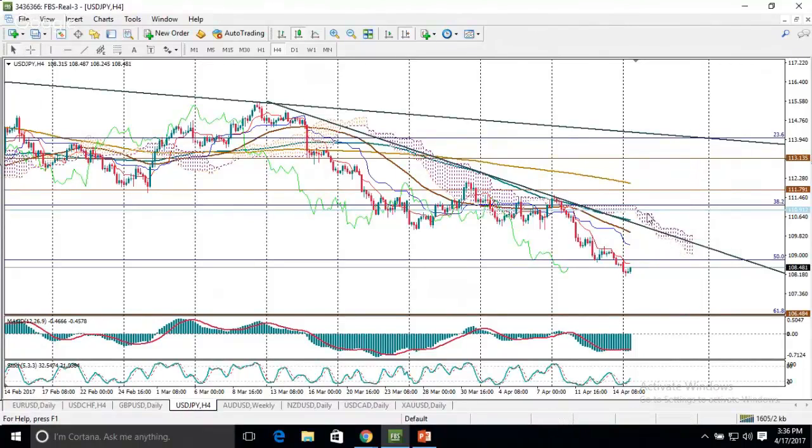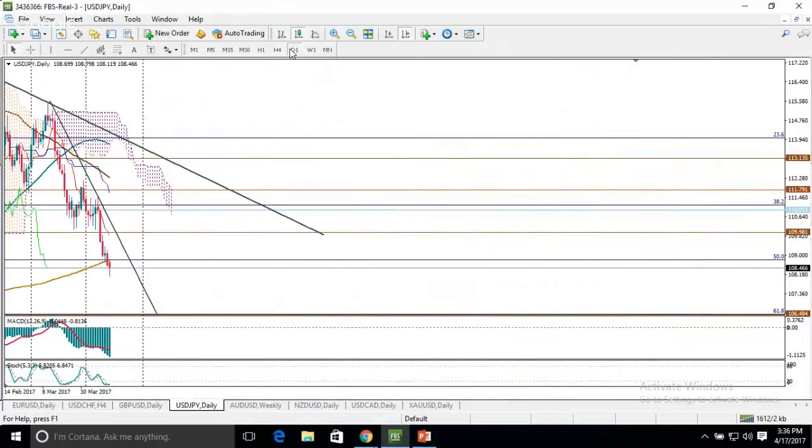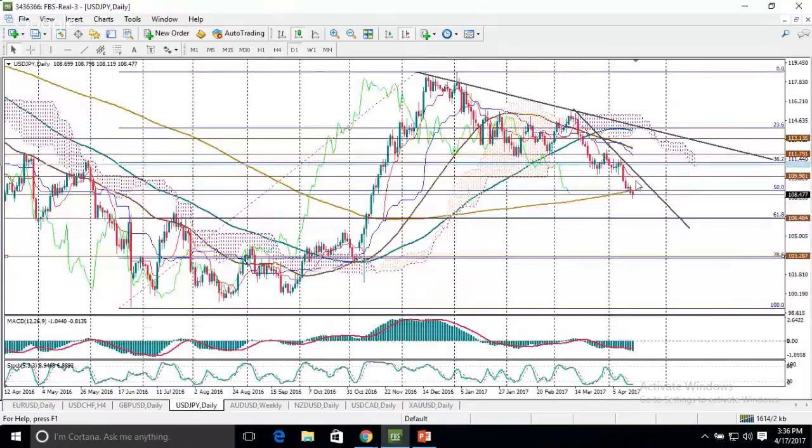You can see here the resistance line, the moving averages on the 4-hour chart, which are going to the downside, and also the previous line here. So we will be watching 110 for the pair to recoil to the downside from this level, targeting the 106.50 mark.